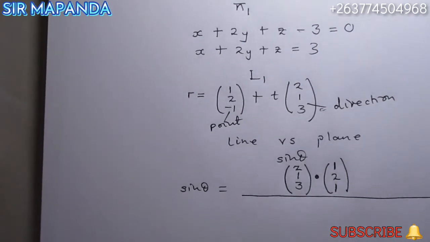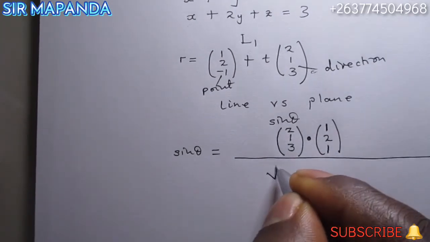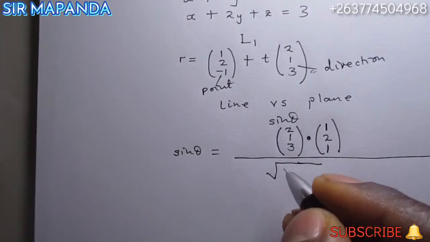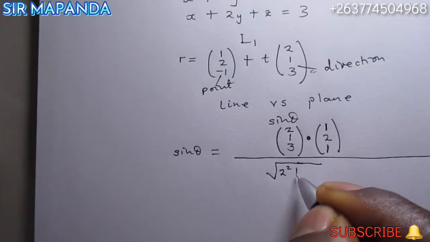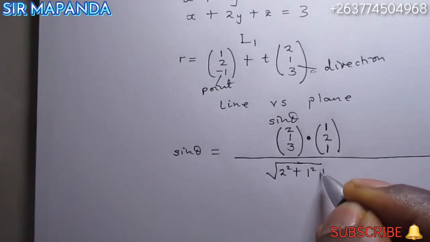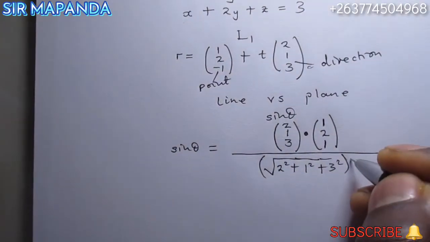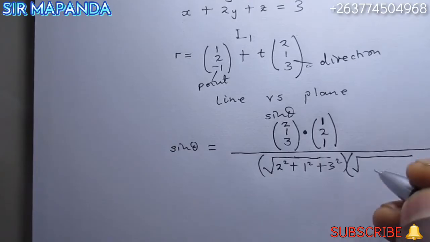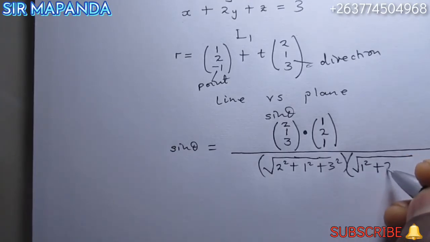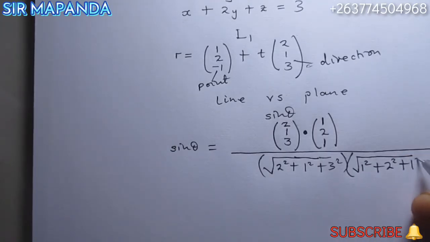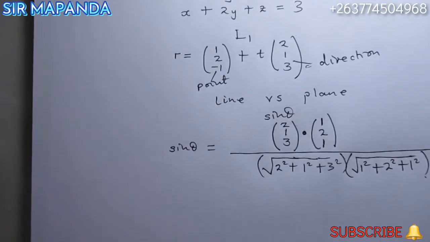Right, so after that, you put the modulus. 2 squared plus 1 squared plus 3 squared. This is the modulus of the first bracket, times 1 squared plus 2 squared plus 1 squared. Something like this. I hope you are following. Right, then I want you to notice something.